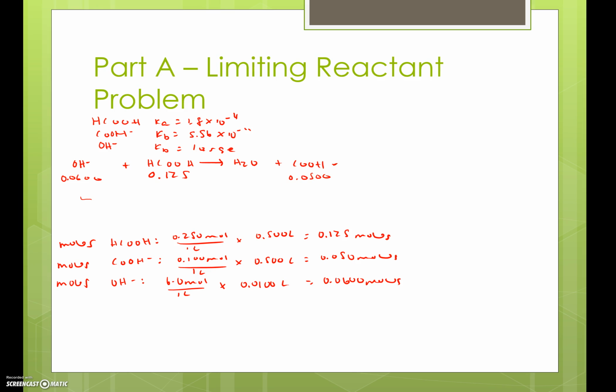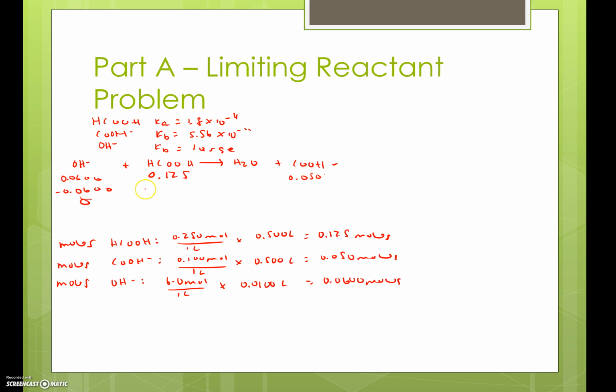Now, when we add a strong acid or a strong base to a buffer solution, it reacts to completion. So if we look, our hydroxide ion is going to end up being our limiting reactant. So 0.0600 of it's going to react, and we're going to have none of it left because it's been consumed by our buffer.